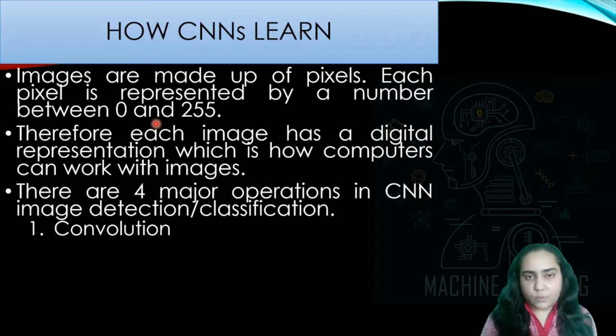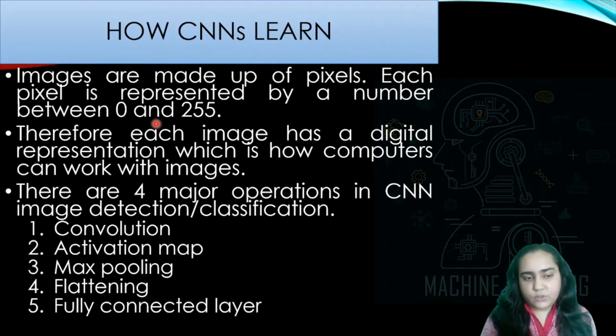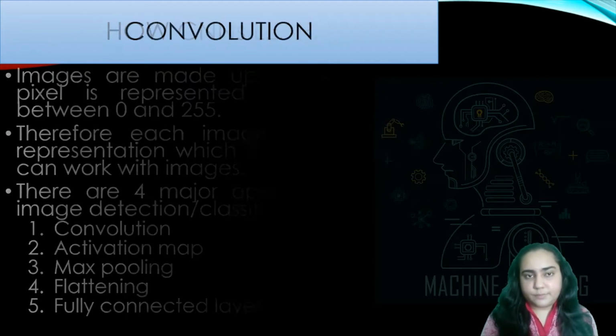And those are: number one, convolution; number two, activation map; number three, max pooling; number four, flattening. And after you've done all this, you will have a fully connected layer, which will form a part of your CNN. So let's see all these steps one by one in detail.